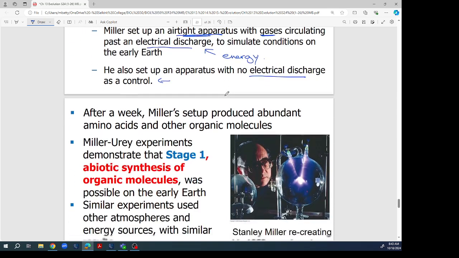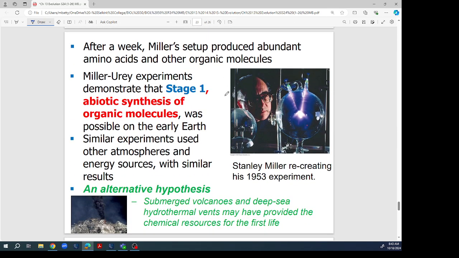And what he found is after a week, he could find amino acids and other organic molecules. So remember, organic molecules are carbon-based. So the first stage is that he did find these organic molecules. After that, he could take a look at how it went on from there.